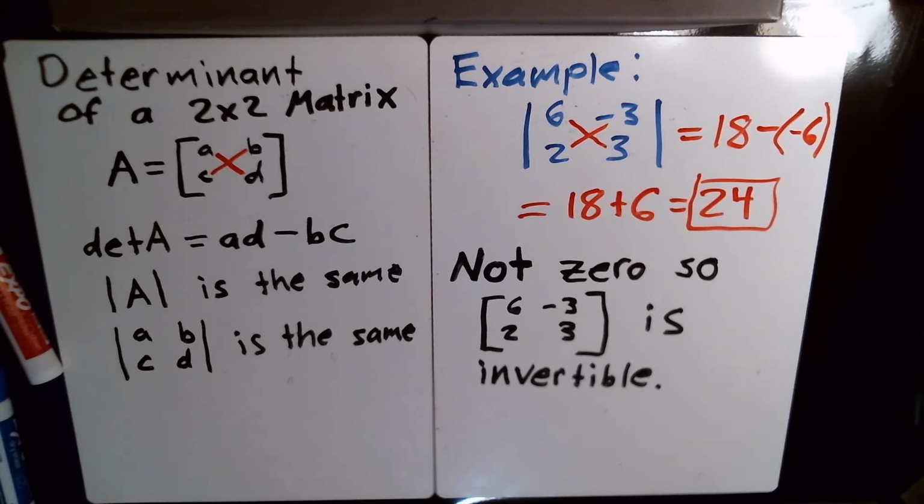Let's start that over again. If you have a 3x3 matrix whose determinant is 0, it is not invertible. And if it's not 0, it is invertible. That's the same thing we're going to run into, but we will need to see how you compute determinants for larger matrices as well.